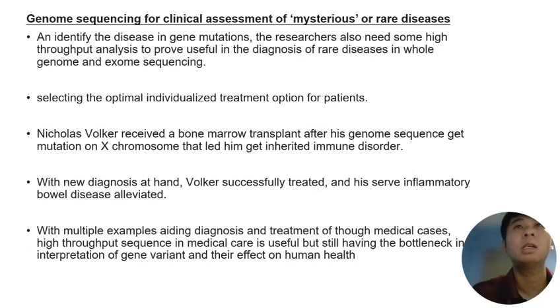Nicholas Walker received a bone marrow transplant after his genome sequencing found a mutation on the X chromosome that led to an inherited immune disorder. After that, he took a treatment, and it was successful, and his inflammatory bowel disease was also greatly reduced.